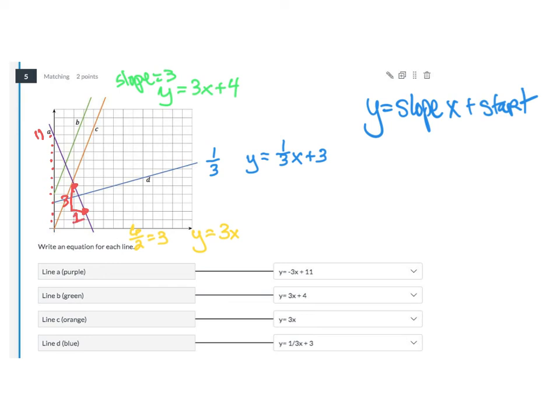So the slope for line A is 3 over 1, but because it's going down the hill, it's going to be a negative slope. So put that together, we have y equals negative 3x, and then where did it start? It started right up here, at 11.